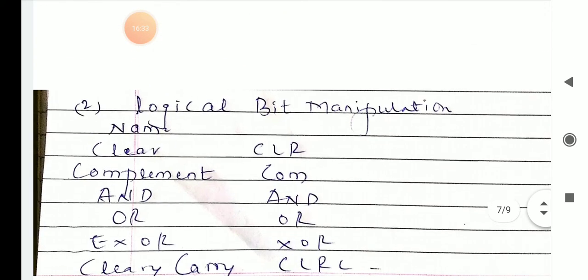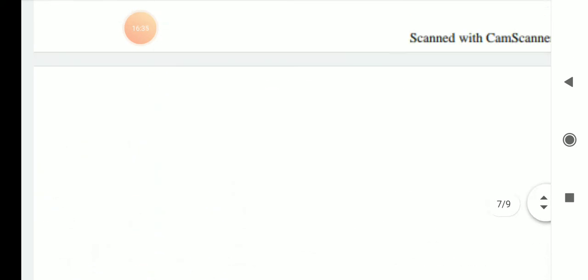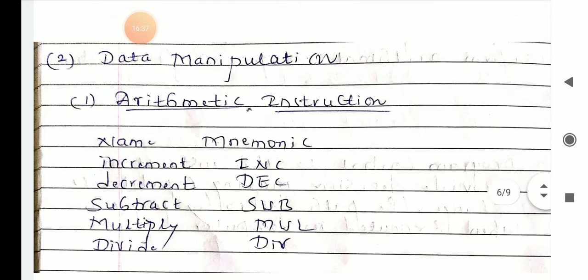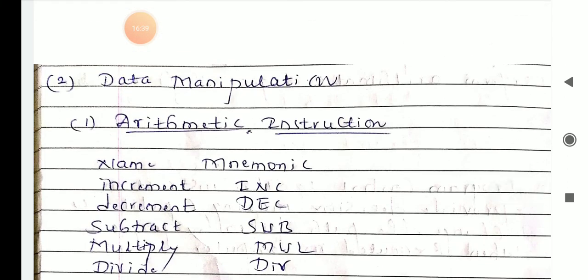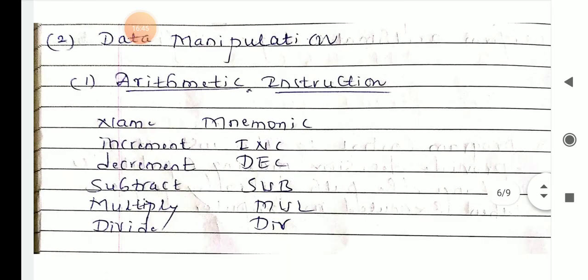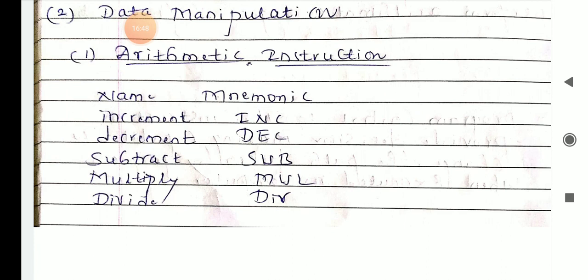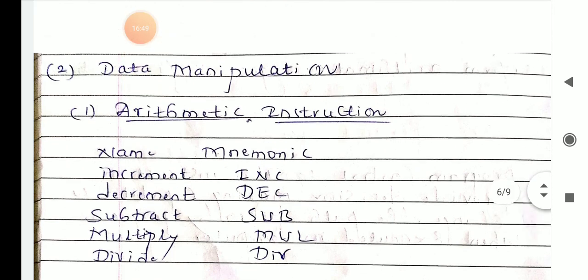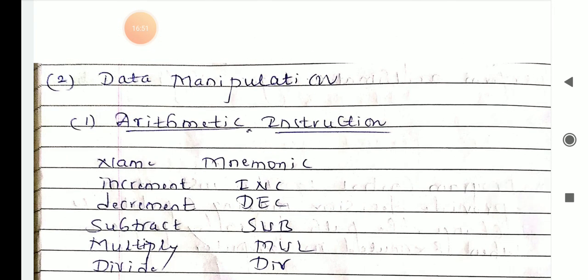Next class we will discuss instruction formats and instruction sets. In the instruction sets, RISC and CISC, and also we will discuss how to write the instruction formats.